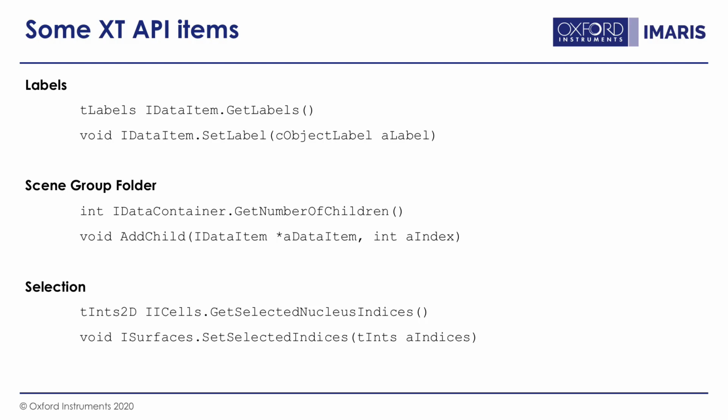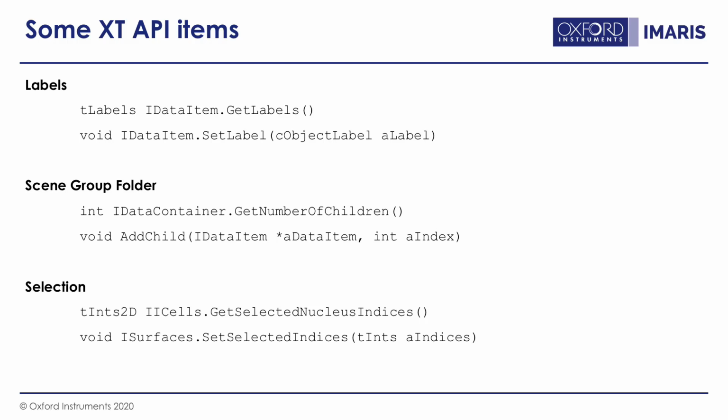If you want to manipulate the folder in the scene, like the root folder of the Imaris scene, that is a so-called data container, where you can add children or also remove them. For that, you use the AddChild method. We've already seen that in the simple spots example before.